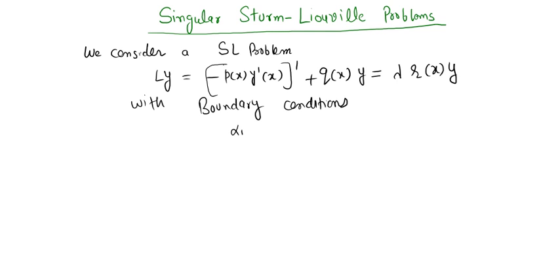So alpha 1, let us take the domain on 0 to 1. So with boundary conditions alpha 1 y at 0 plus beta 1 y dash at 0 is 0. Second boundary condition at 1.